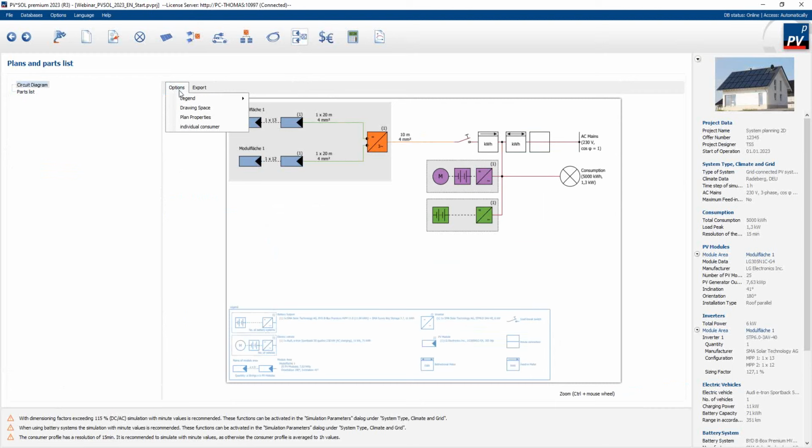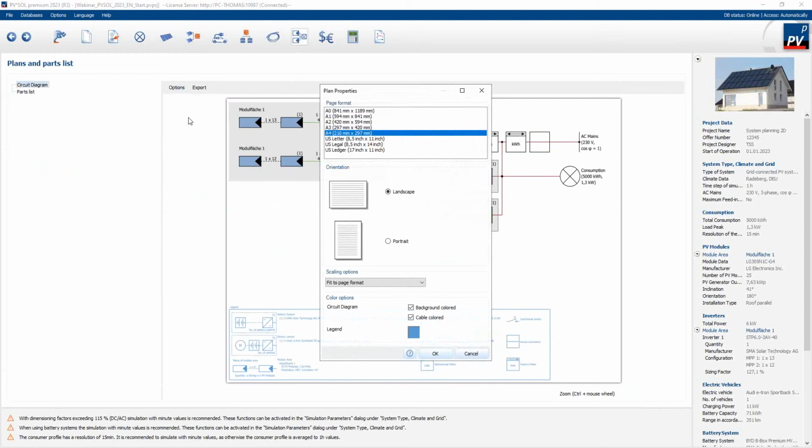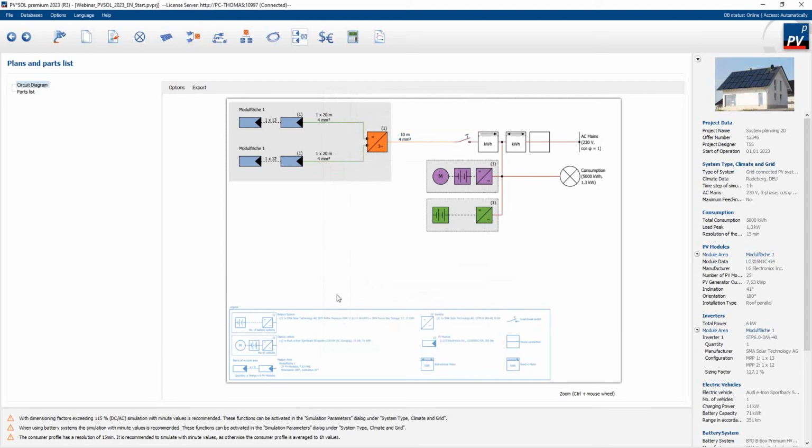You can remove it, for example, here. Then there are some layout properties, so if you want to have it in landscape or portrait orientation, if it should be colored or not, and also the color of the legend. This one can be exported as a PDF, PNG as a picture, or SVG, which is a vector graphics format, which then can be opened in a CAD program if you would like to work with it or add something there.